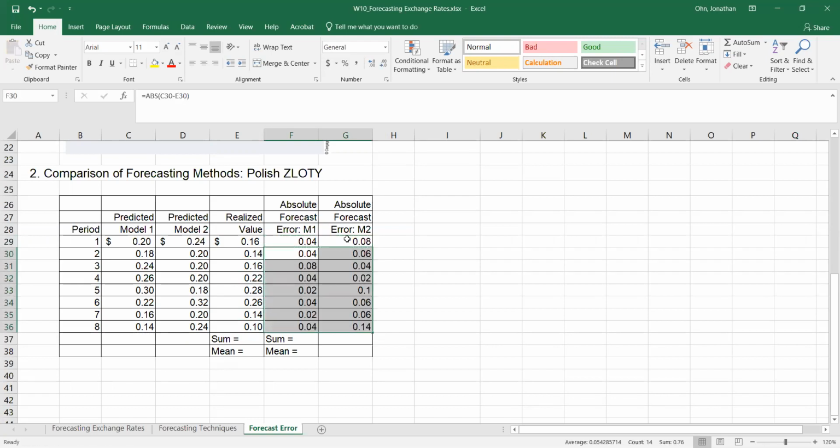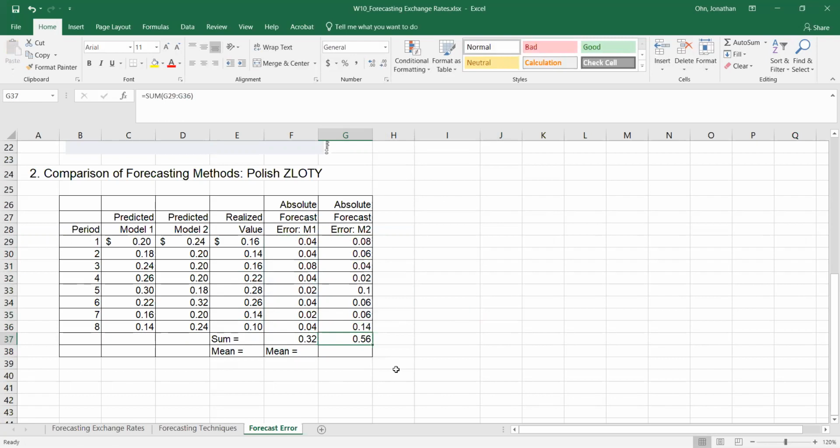Look at this, that is the absolute value of the forecast error. Now let's calculate the sum. If you sum them up, the absolute forecast error is much bigger for model number 2.